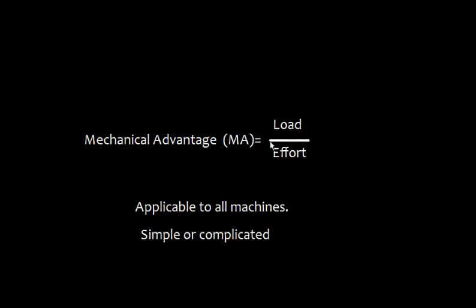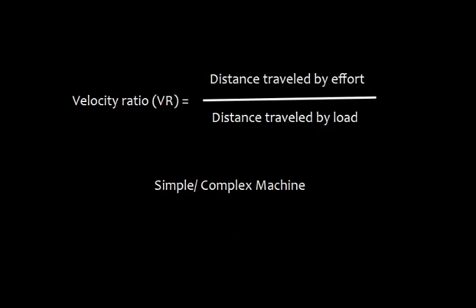It is load by effort. However, the velocity ratio is distance traveled by effort divided by distance traveled by load. So this is distance effort divided by distance load. Well, this formula is applicable for simple and complex machine.